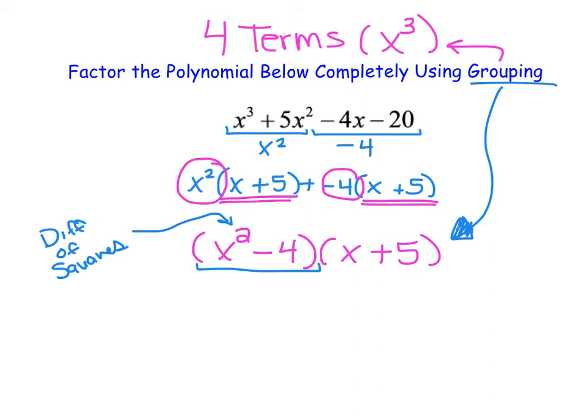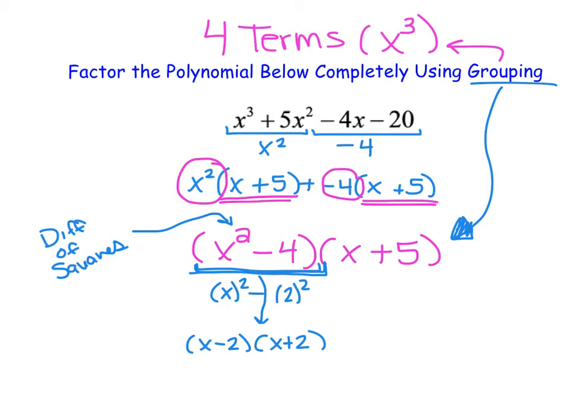This is a difference of squares because we have x being squared to create that first term, and 2 being squared to create the second term, and a subtraction in the middle. So if you remember from before, when we're factoring these out, we would take x minus 2 times x plus 2 to factor this whole piece of x squared minus 4 further.